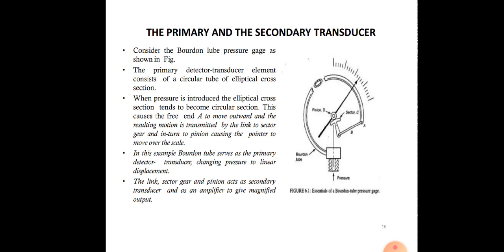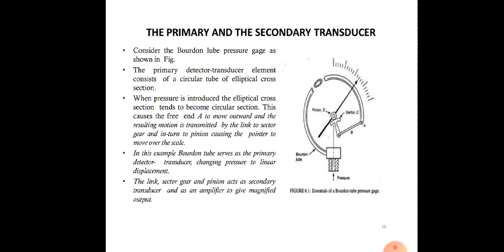Once it detects the pressure, it tends to become circular, and its free end A will move outward. The resulting motion is transmitted by the link to the sector gear and in turn to the pinion, causing the pointer to move over the scale.